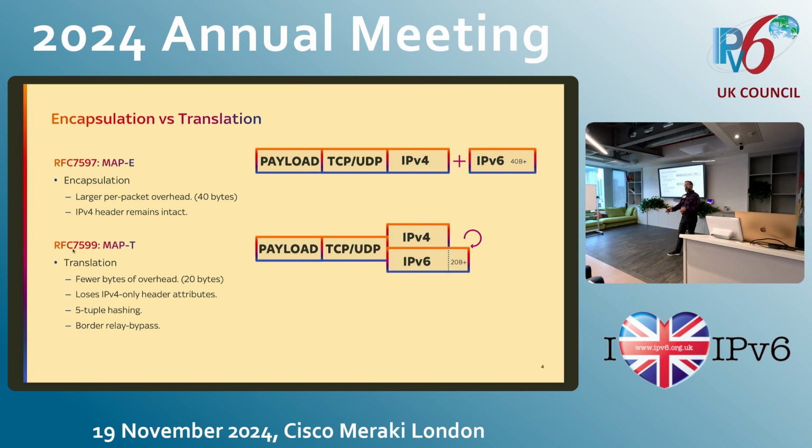MAP itself comes in both flavors, encapsulation and translation. Encapsulation has more per packet overhead because you're whacking a v6 header on top of the payload, but that IPv4 header remains intact when it pops out and gets decapsulated on the other side. With MAP-T, you're translating a 20-byte v4 header to a 40-byte v6 header, so there's fewer bytes of overhead, not zero, but that layer 4 header remains intact for doing any 5-tuple hashing or anything.